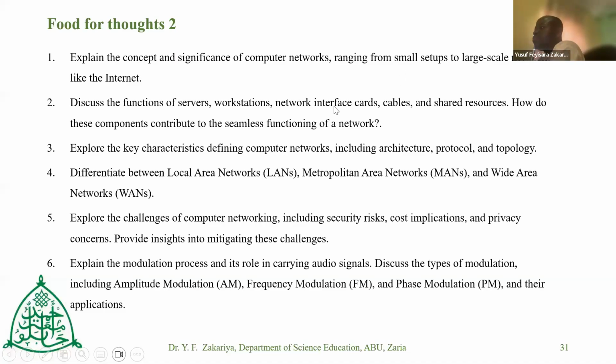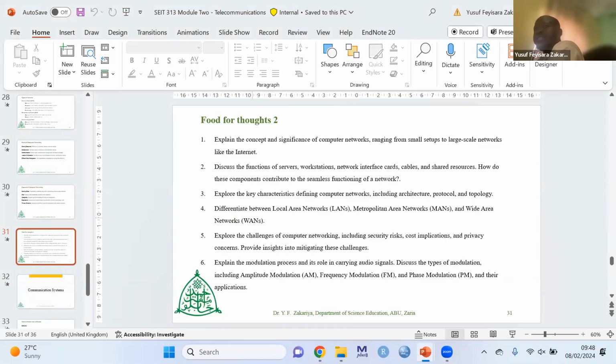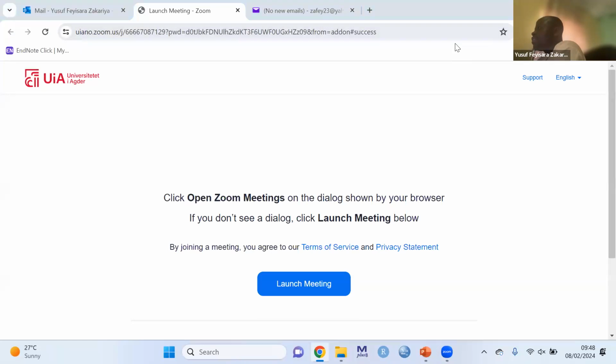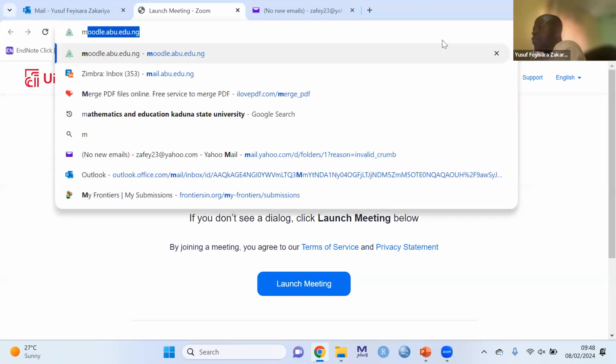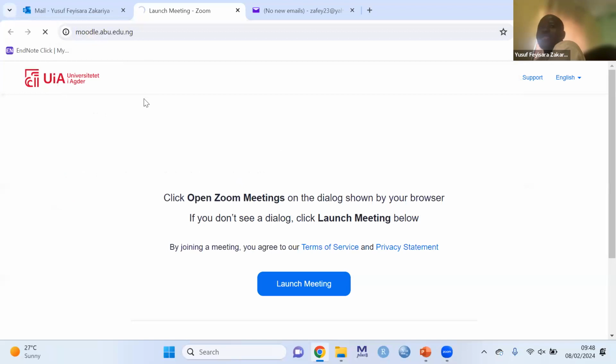Okay. Now I want to believe that you are seeing. So it's all about the module. Let's see if the network is okay on the system as well.